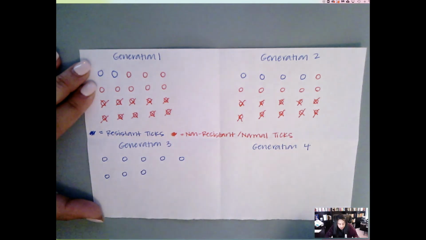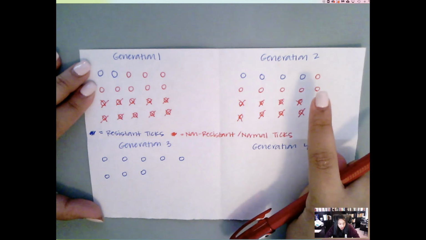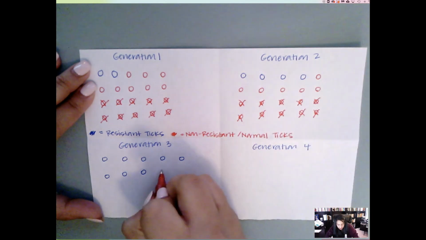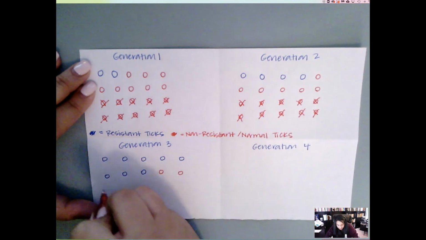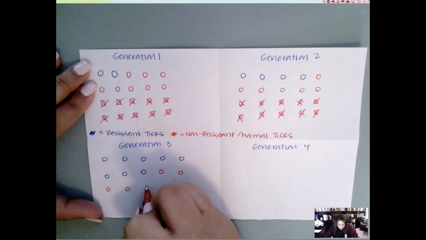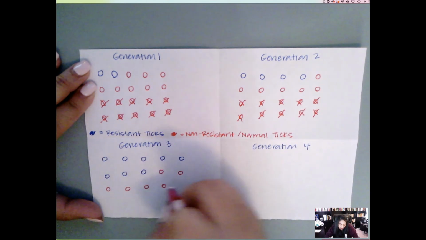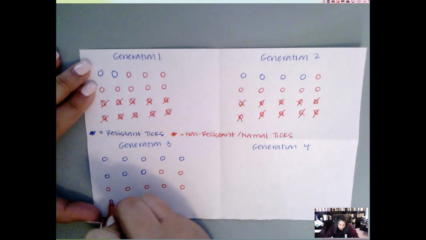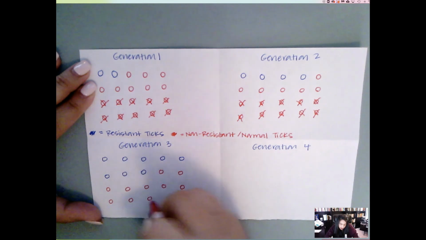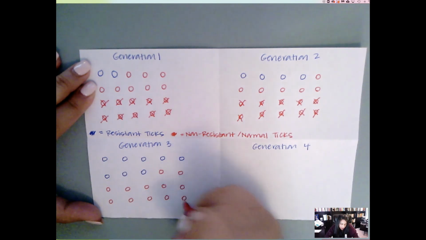So those are my resistant ticks. Then I'm going to continue by drawing 12 of my non-resistant ticks. So 1, 2, 3, 4, 5, 6, 7, 8, 9, 10, 11, and 12.